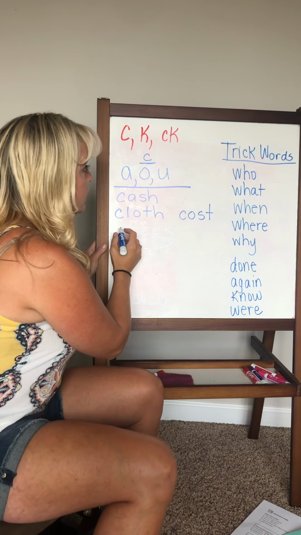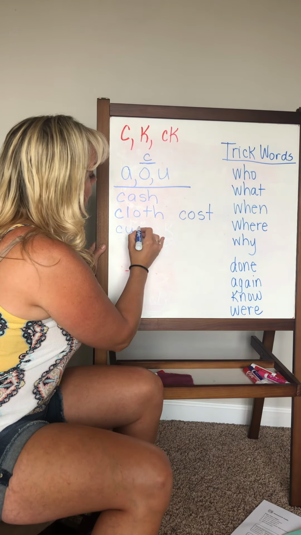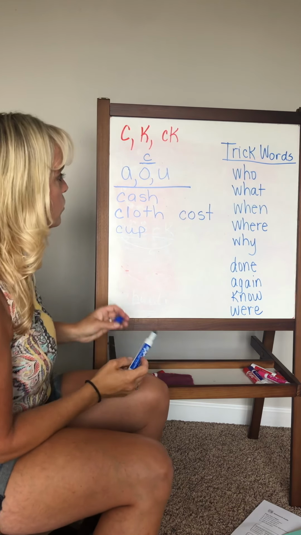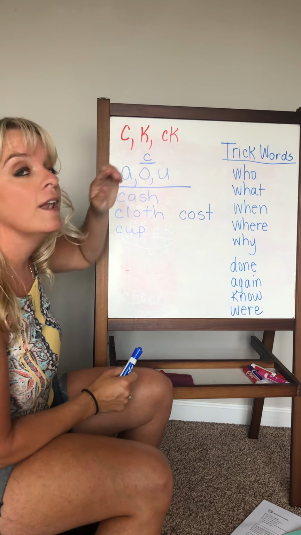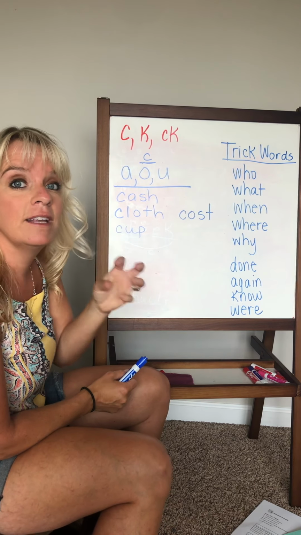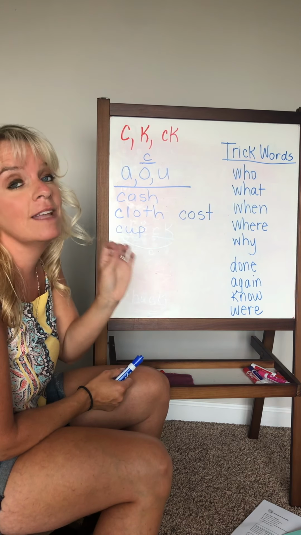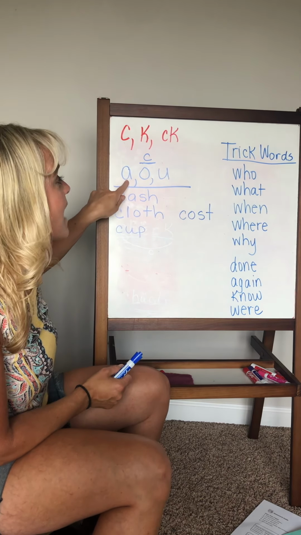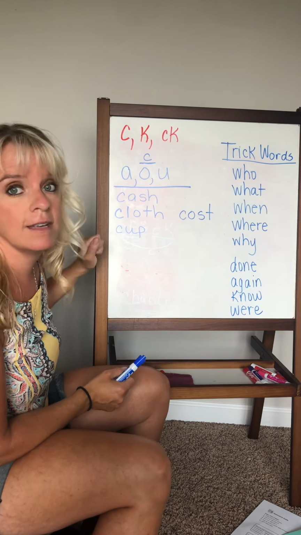So that's telling us we have to put a C in the front. So those are the examples of when to use C. Whenever you hear a k at the beginning of a word, I want you to tap it out and see what letter comes next, what sound. If it's an A, O, or U, you're always going to use a C.